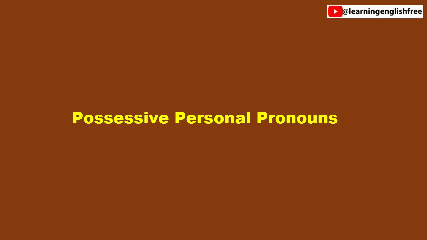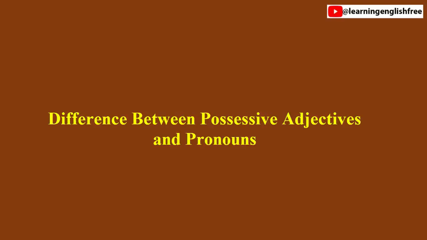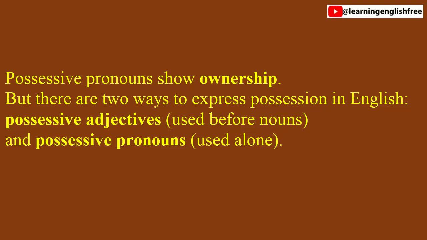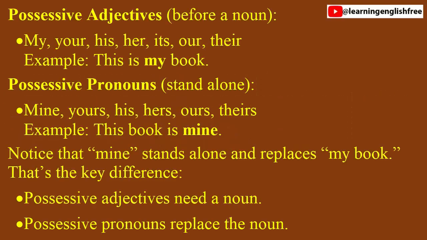Possessive personal pronouns. Difference between possessive adjectives and pronouns. Possessive pronouns show ownership, but there are two ways to express possession in English: possessive adjectives, used before nouns, and possessive pronouns, used alone. Possessive adjectives before a noun: my, your, his, her, its, our, their.